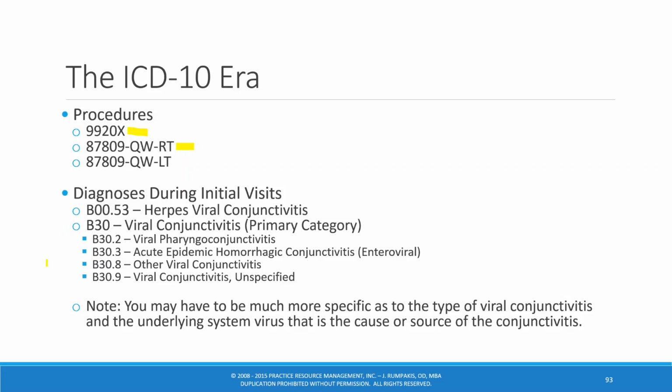If you don't know and you can't diagnose a specific type of viral conjunctivitis, I would encourage you to use other viral conjunctivitis rather than unspecified viral conjunctivitis, okay? So again, if you can't determine the specific type of conjunctivitis, use other rather than unspecified.